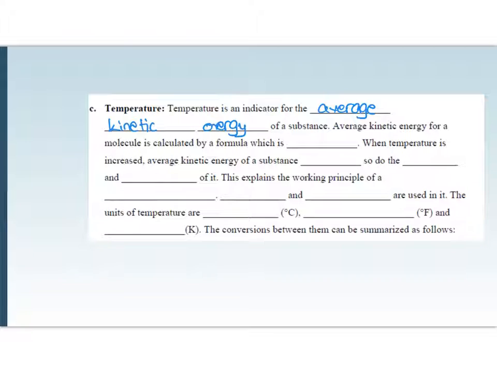Now, the average kinetic energy of a substance can be calculated by using the formula 3/2 times R times T. We're not going to use this formula in our mathematical problems, but I wrote it to let you know that the kinetic energy is directly proportional to T. So this means that when the temperature is increased, the average kinetic energy of a substance also increases.